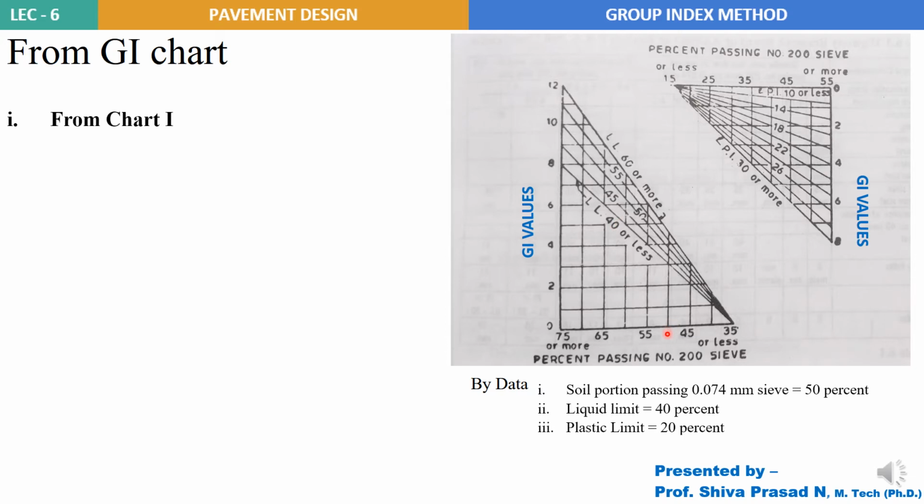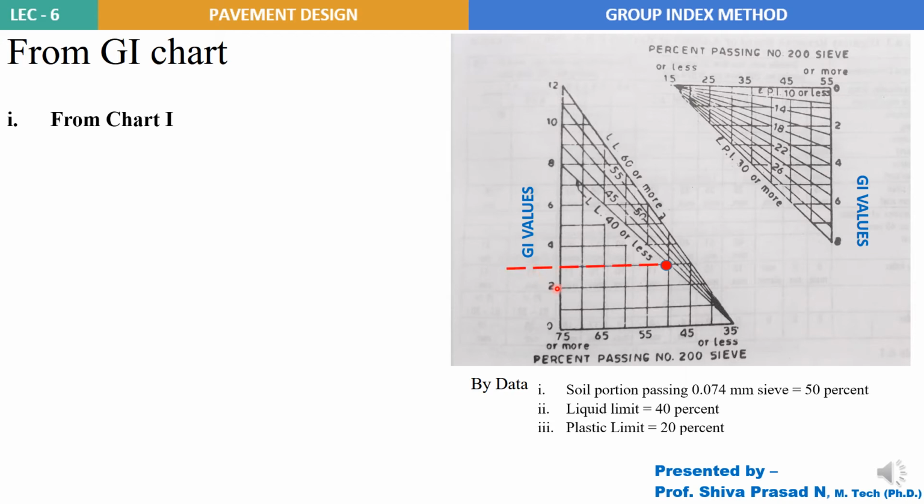So I'll connect this vertical line, the 50% soil passing 0.074 mm sieve, with the liquid limit of 40%. I reach somewhere at this point. For that point, I should read the group index value in the horizontal direction along the left.